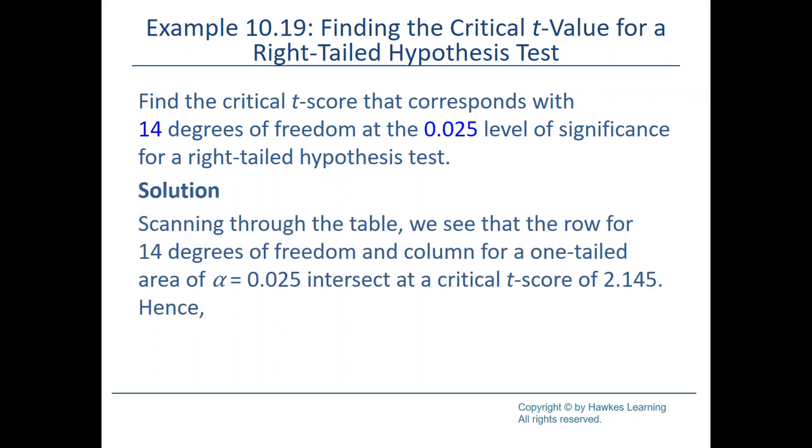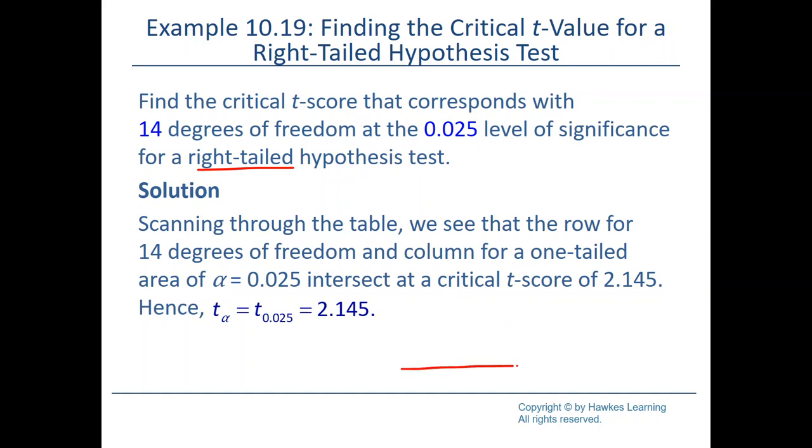Now, if you are going to be using the table, you're going to scan through the table and look for the row that has 14 degrees of freedom and the column that's a one-tail. It's a one-tail because they told us it was a right tail, with an area of 0.025. And where do they intersect? That's hence going to be that alpha.